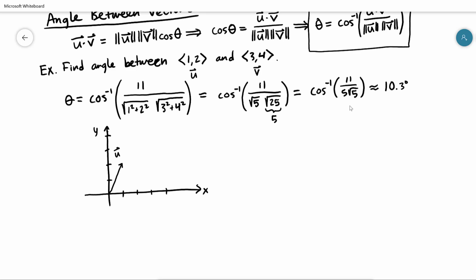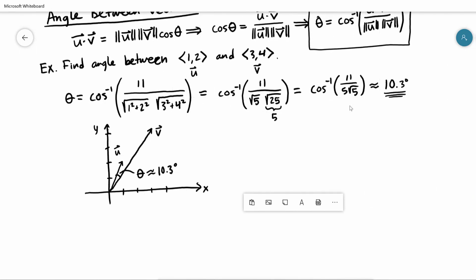And the other one goes over 3 and up 4. So it's going to wind up at about this point. Sure enough, there's my v. It looks like a pretty tiny angle. 10.3 degrees seems totally plausible for this angle right there, which is our theta. 10.3 degrees, ballpark. So seems plausible.